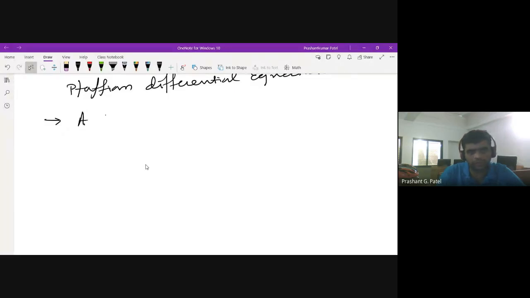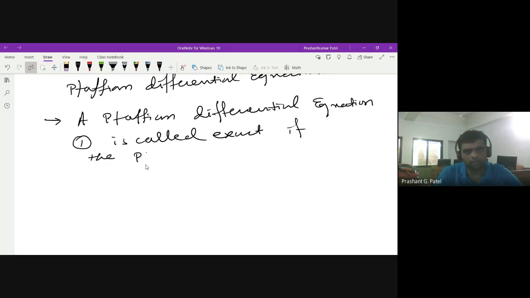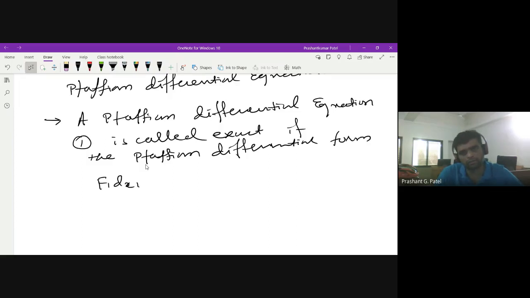The first one: a Pfaffian differential equation is called exact if the Pfaffian differential form, which is F1 dx1 plus F2 dx2 up to Fn dxn, is exact.